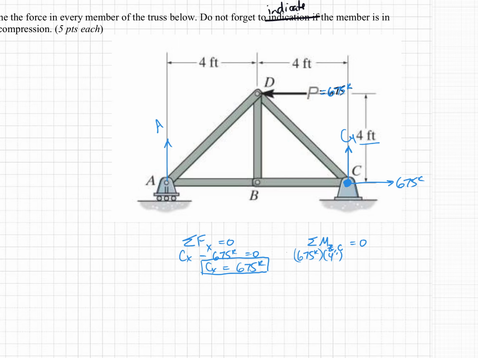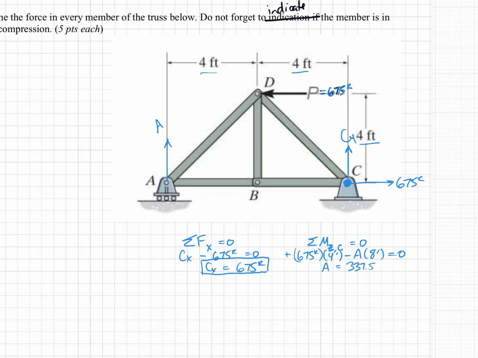So we'll make that a positive. And A is going to go the other way. So minus A times its moment arm, which is 4 feet plus 4 feet, which is 8 feet, equals 0. So A looks like it's going to be half of that 675. So A is going to be, what is that, 387.5, I think?